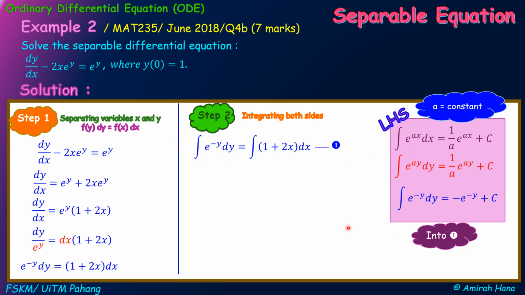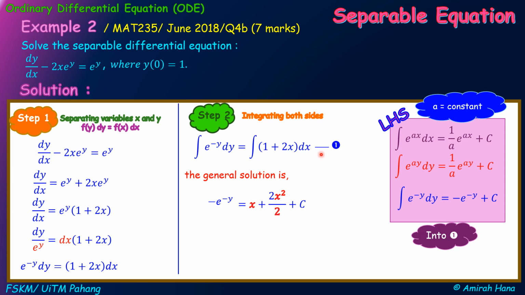After that, we can substitute into equation 1. The general solution is, we substitute the integration of the left hand side, which is negative e the power of negative y, and then we integrate the right hand side one by one.